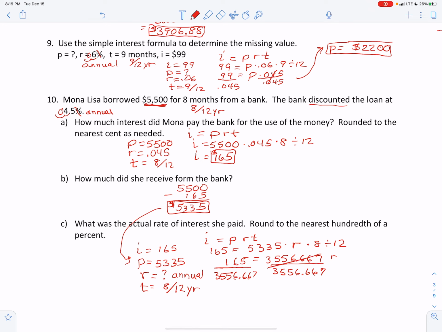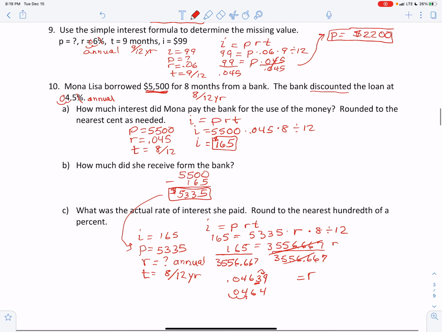So I get R equals, and I want to take this out to, let's take it to 5 decimal places, 0.04639, and then round it back to 4. So I have 0.0464. That's a rate, but we express rate generally as a percent. So I'll multiply by 100 and tack on a percent sign. So I get 4.64%.